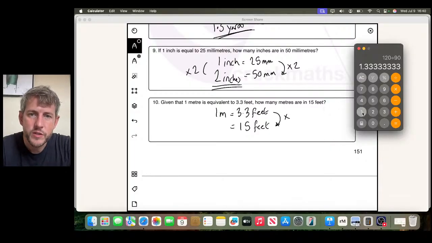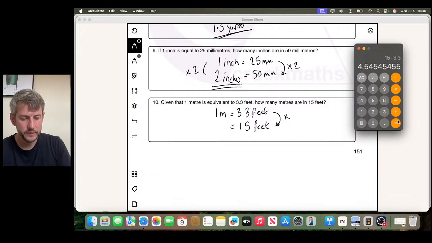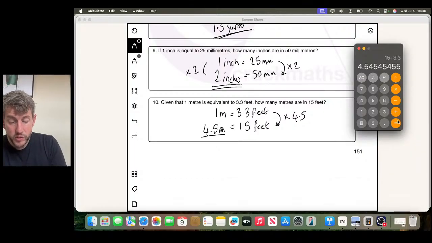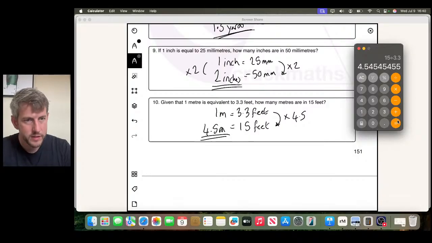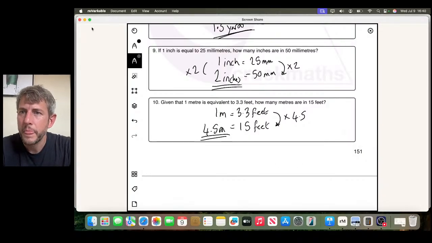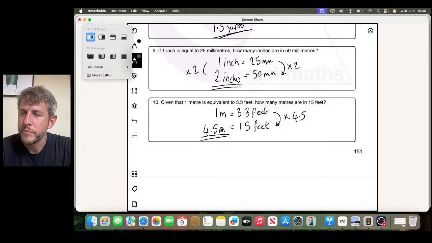So again, we just do the 15 divided by 3.3. And that'll give us here, that's times 4.5. So we're going to go with 4.5 meters because we've been told to round everything to 1 decimal place. So let's mark these to see if the answer scheme agrees.